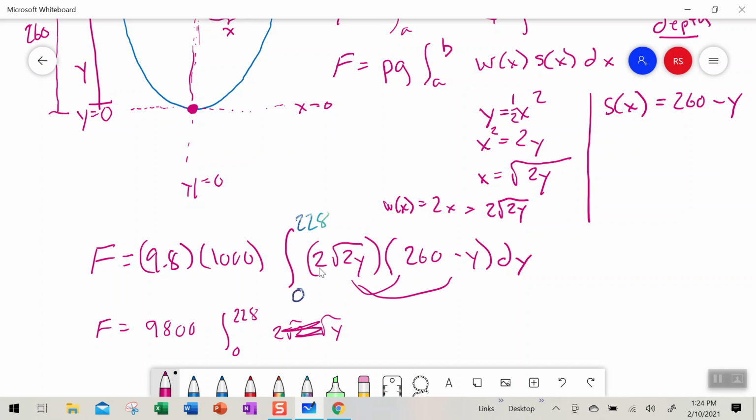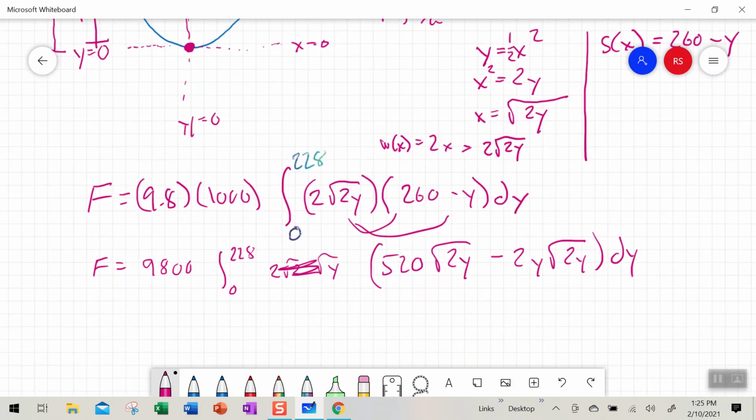So 260 times 2 is 520 times radical 2y minus 2y radical 2y. So there's a little bit of algebra here. And so what can we do now?